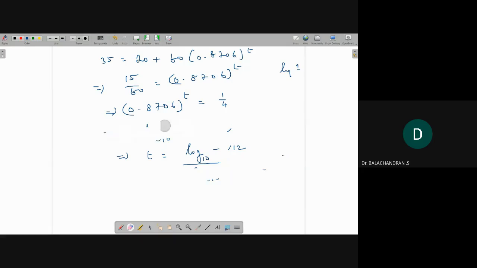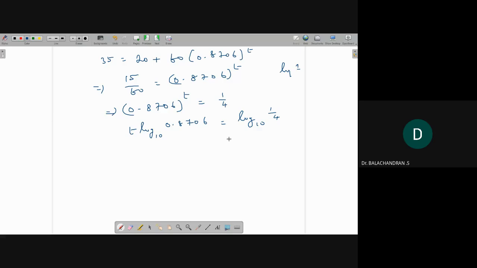Now take log on both sides. So t log base 10 0.8706 is equal to log base 10 1 by 4.